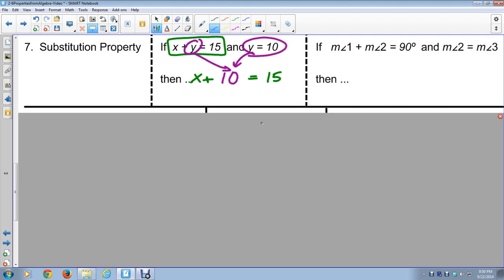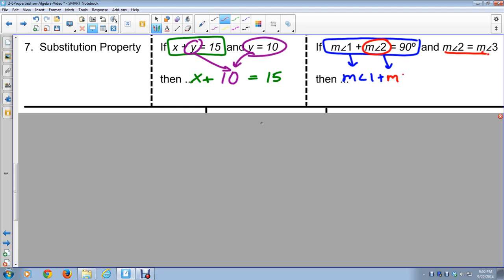Same thing if I'm working with angle measures. If the measure of angle 1 plus the measure of angle 2 is equal to 90 degrees, and the measure of angle 2 is equal to the measure of angle 3, again, my first equation is my longer equation here. So I'm going to work with that one. I'm going to rewrite, but I'm going to replace something. So I'm still going to have the measure of angle 1 plus, instead of writing the measure of angle 2, what can I say about the measure of angle 2? The measure of angle 2 is equal to measure of angle 3.